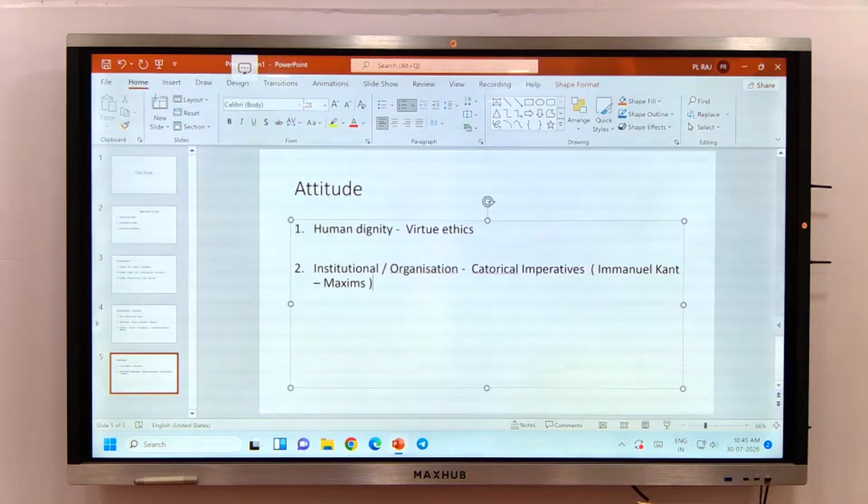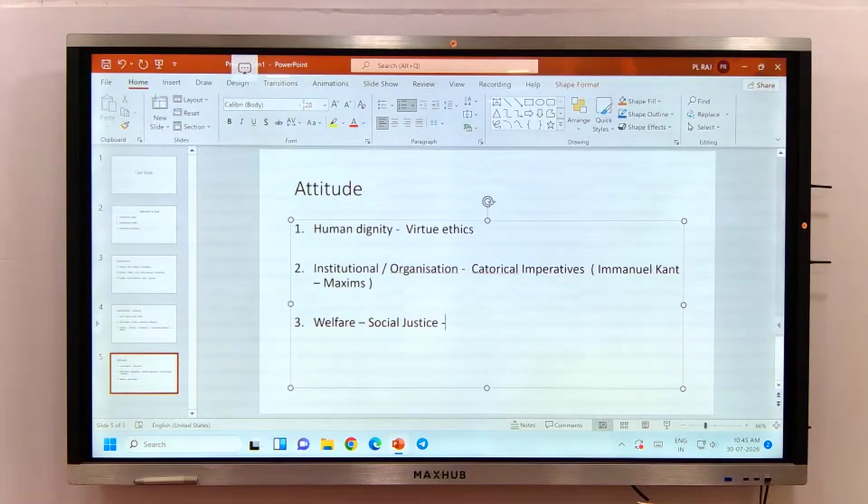It should be along the lines of Kantian ethics. In any case that we are dealing with welfare activities, welfare programs, management of welfare, rehabilitation, any cases of welfare activities, it has to be dealt with through the principle of social justice, John Rawls' principle of social justice.